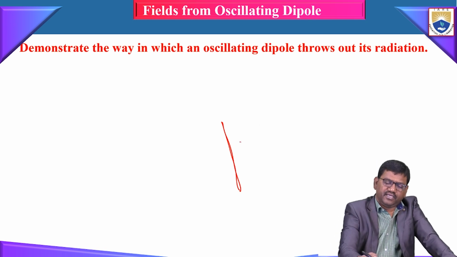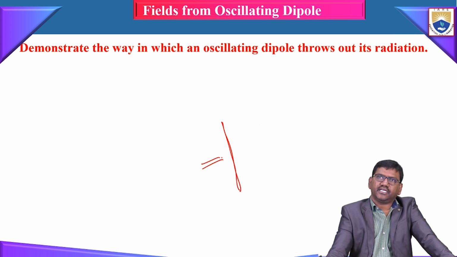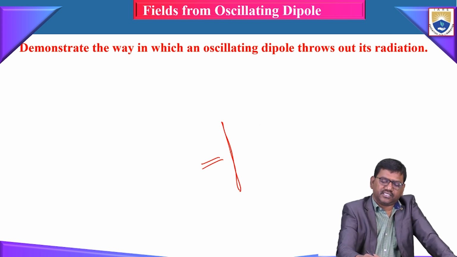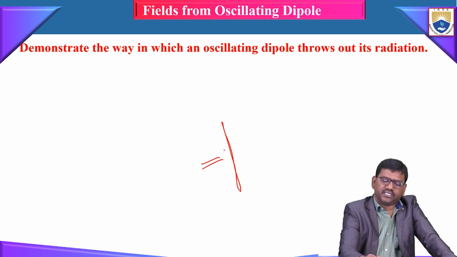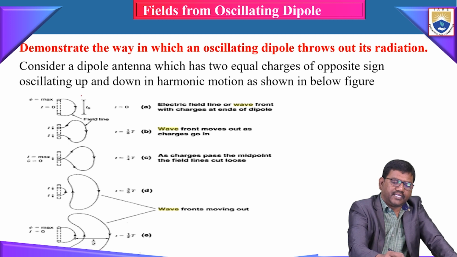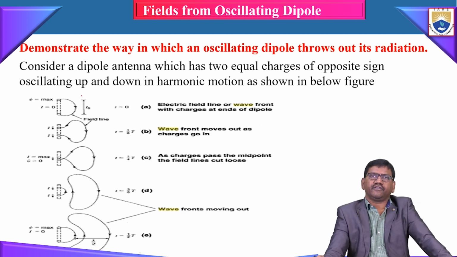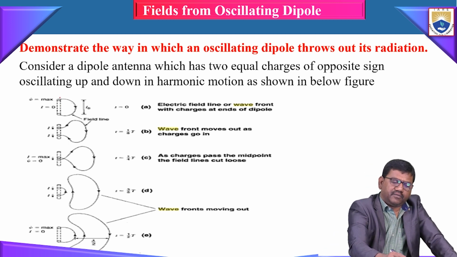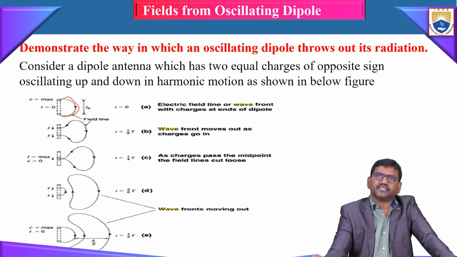When we apply a small amount of current exactly at the center of the conductor, the charges start moving, and whenever these charges start moving, some amount of radiation occurs. At time t equal to 0, whenever we apply the high frequency current, the electromagnetic ray will be in this direction.